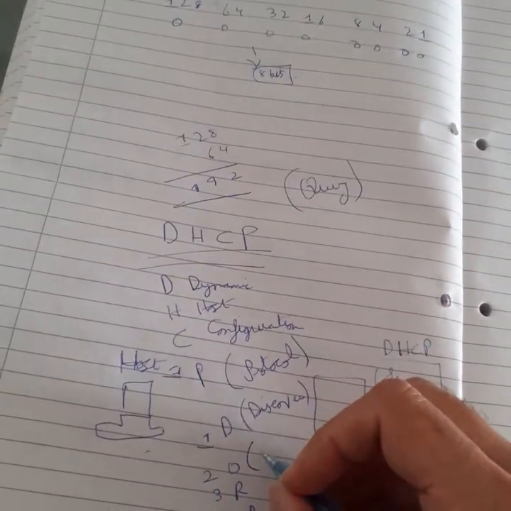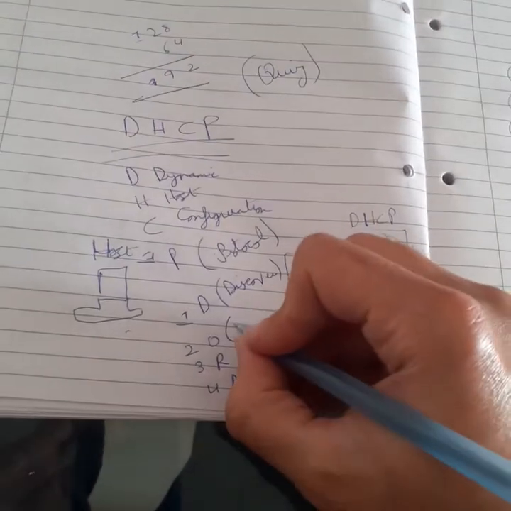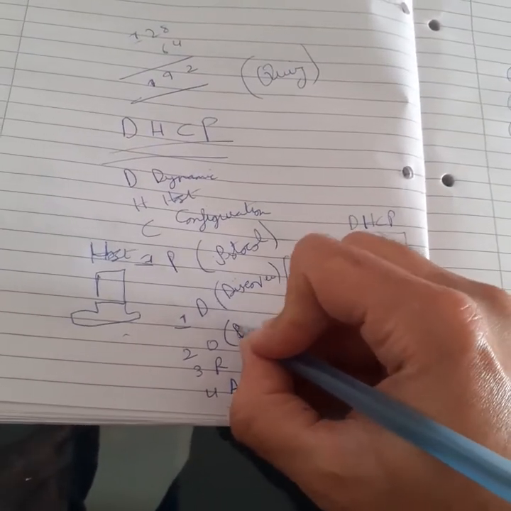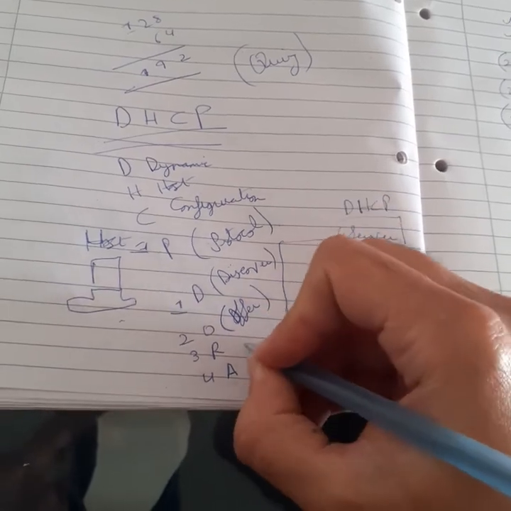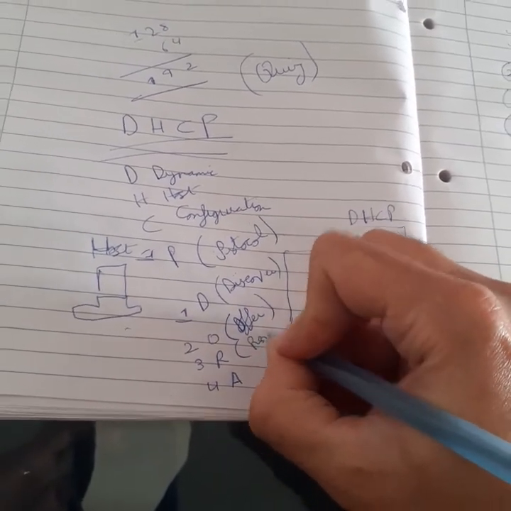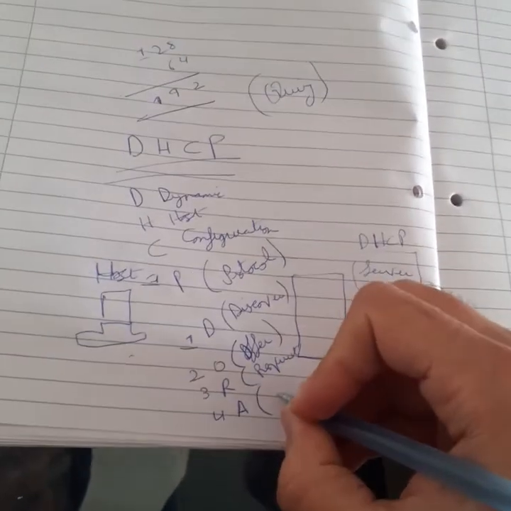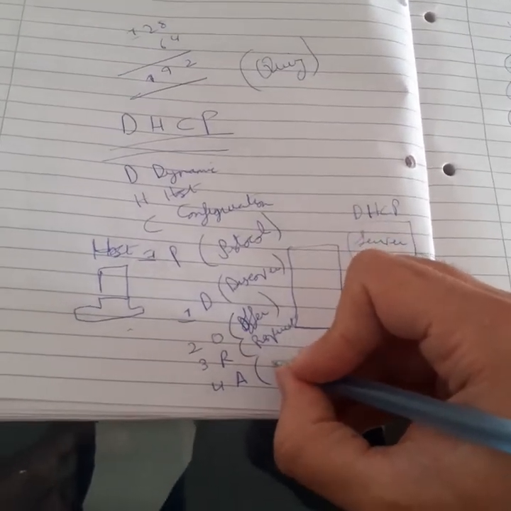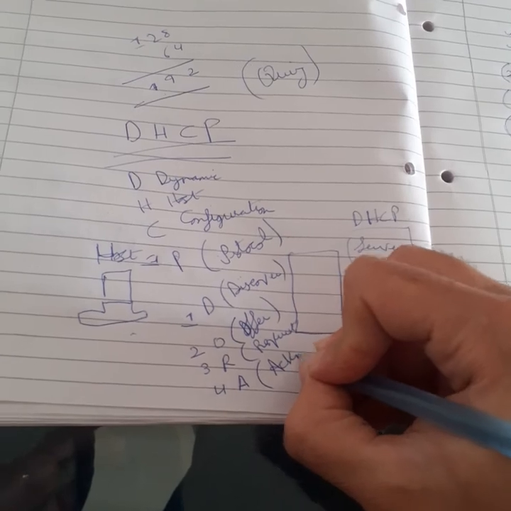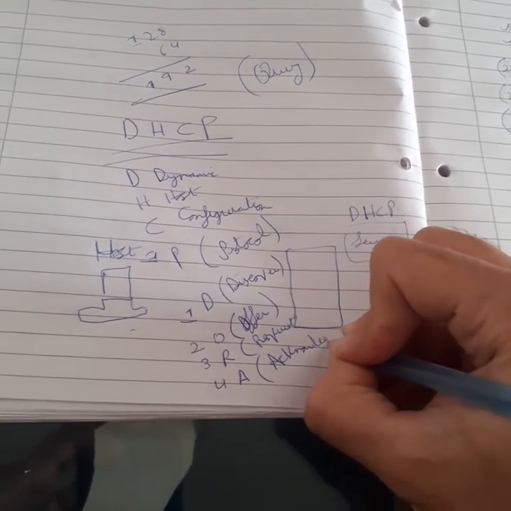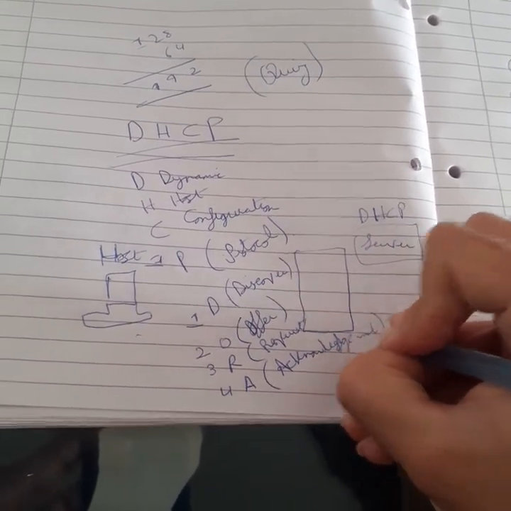Then it's DHCP offer. Then it's a request. And then it's an acknowledgement. So it's a sort of abbreviation that is used a lot.